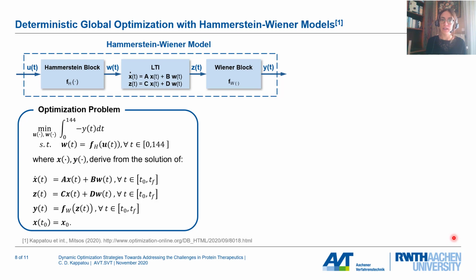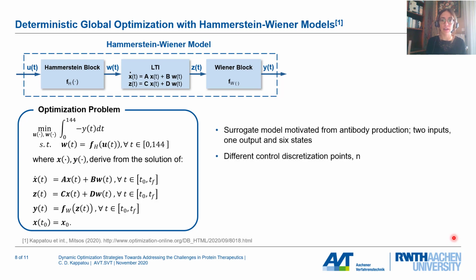However, deterministic global dynamic optimization is quite limiting with respect to the problem size that it can handle, and this is why for the scope of this presentation we developed a surrogate model from our mechanistic one, which is a simplified model.